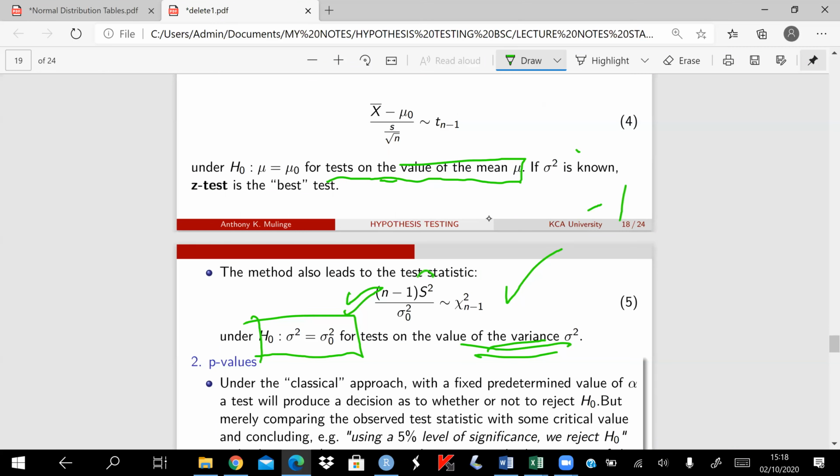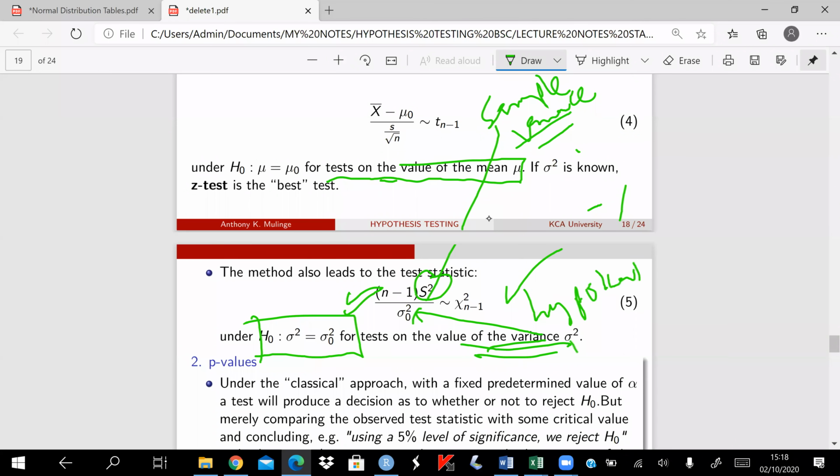Of course, this S squared here is the sample variance. The numerator there is the sample variance, and the divisor here is the hypothetical population variance. The hypothetical value is the one that you will find in the definition of the hypothesis. Our null hypothesis here is that sigma squared is equal to sigma squared naught. So you are just checking the ratio of those two variances.